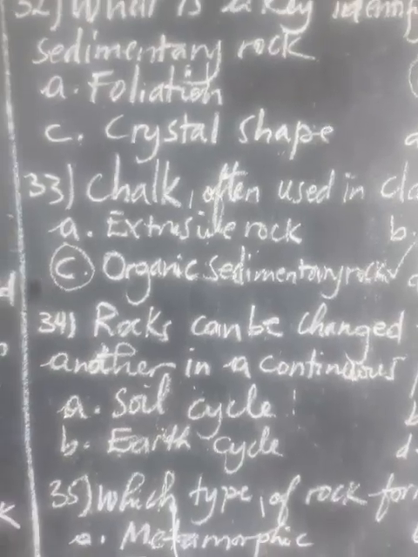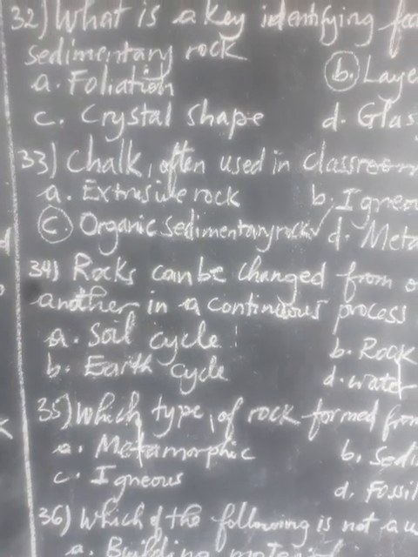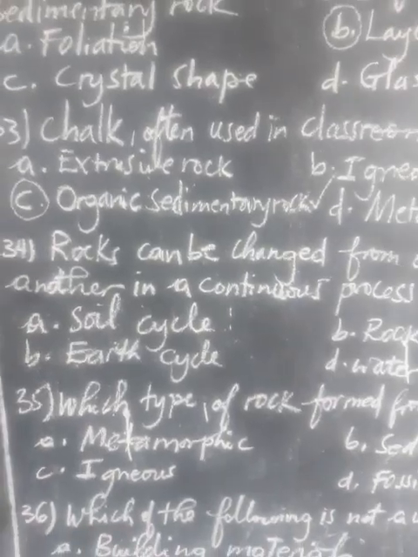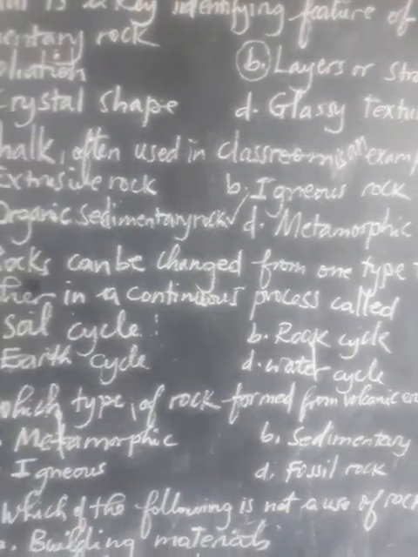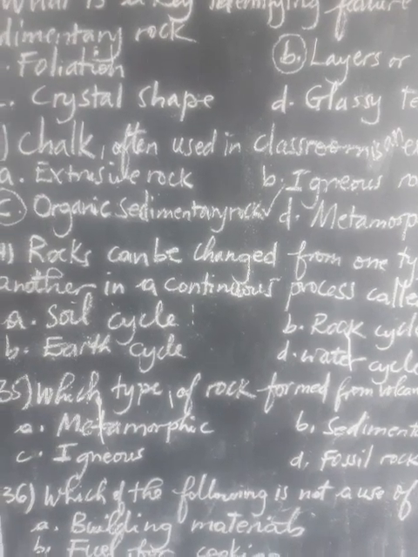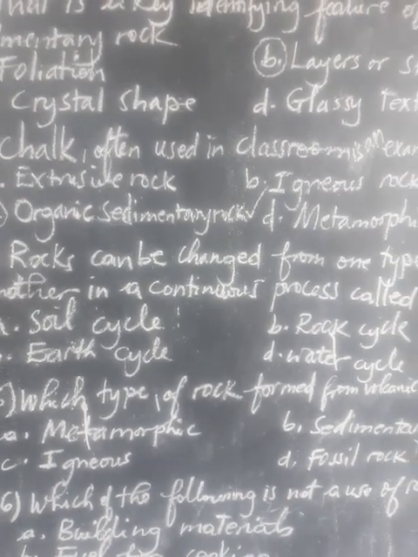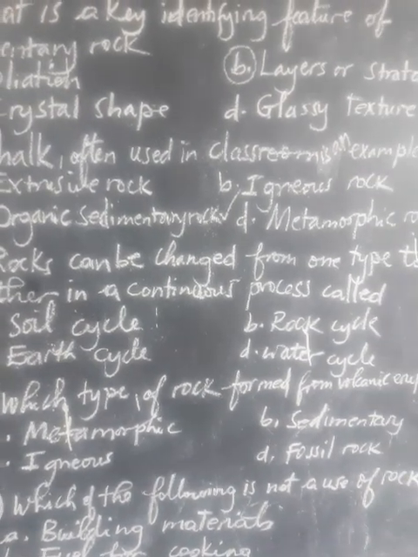Let's go to question 34. The rocks can be changed from one type to another in a continuous process called A. Soil cycle. B. Rock cycle. C. Earth cycle. D. Water cycle.